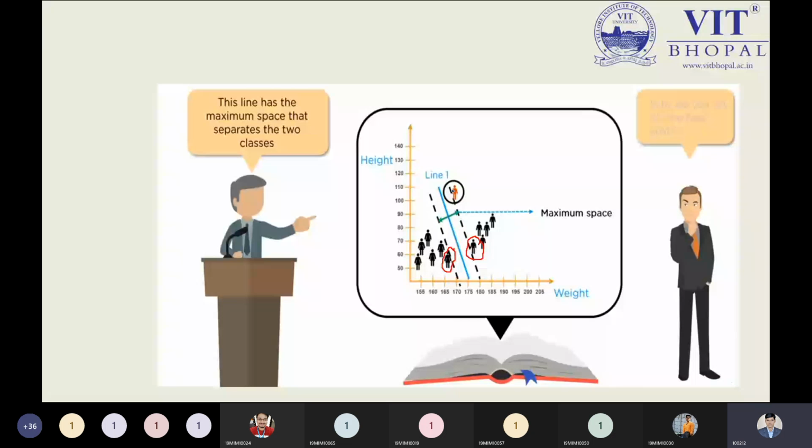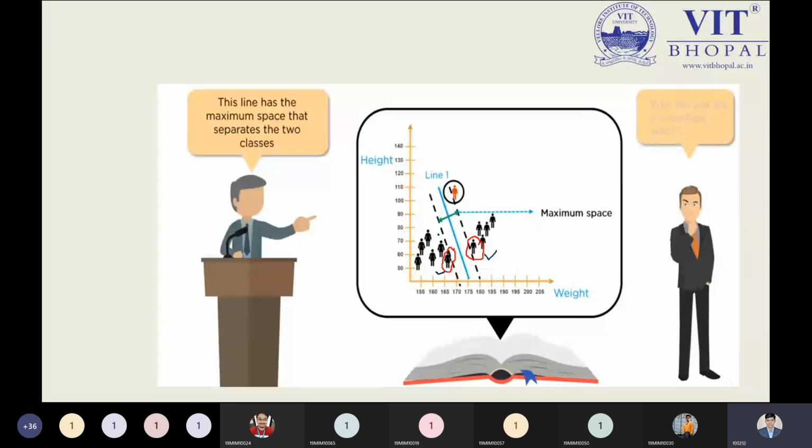To define the maximum space, you can see this is a data point. I need to draw a line with respect to this data point in a dashed manner, and I need to draw another line with respect to this data point, which is a female gender data point.